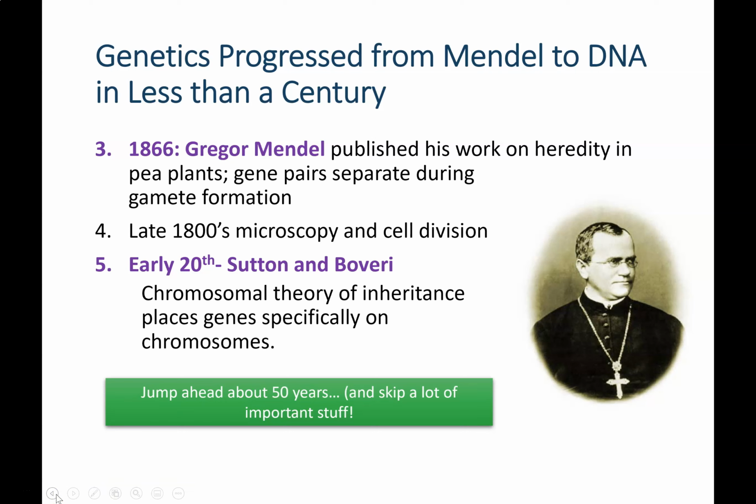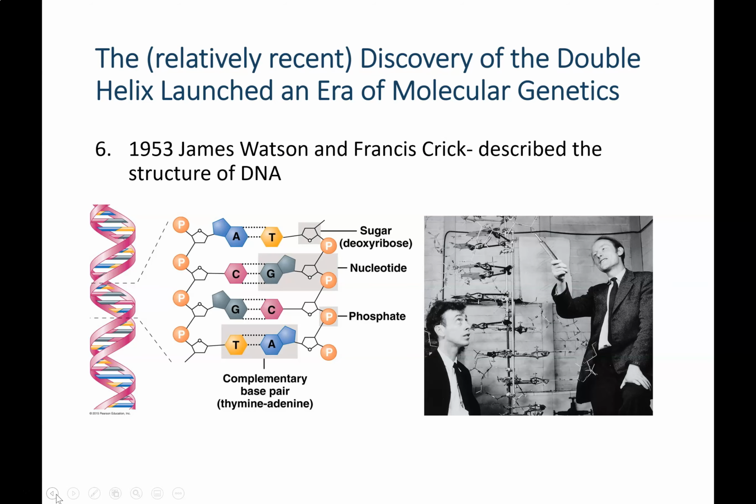So let's move ahead about 50 years, and we're going to skip some important things, but we'll come back to most of it. There we get to the discovery of the structure of DNA. There was all of this microscopy happening. People were looking at what was being passed on from one generation to the next, and a bunch of chemists, physicists, and biologists were working on the structure of DNA, trying to figure out what it was and what it does.